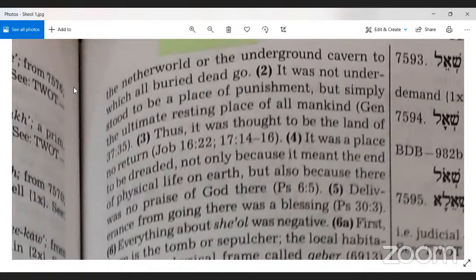Number two, it was not understood to be a place of punishment, but simply the ultimate resting place of all mankind. Can we discuss that one?